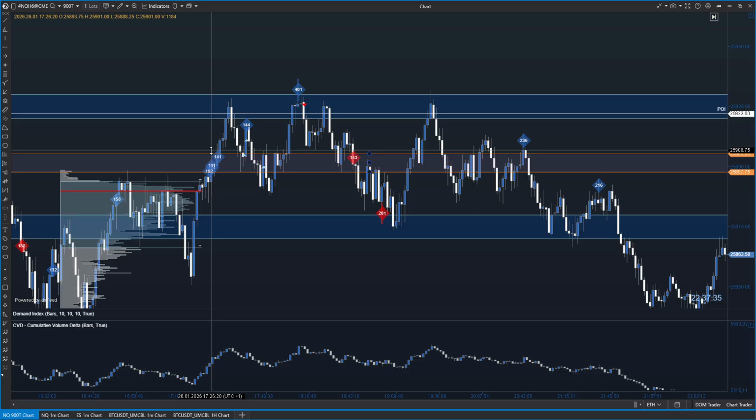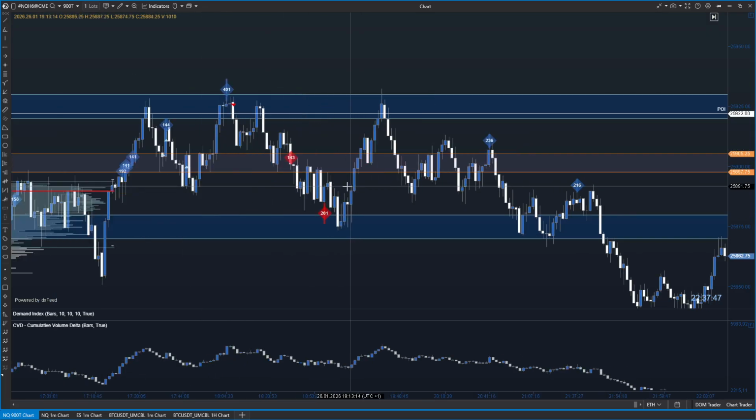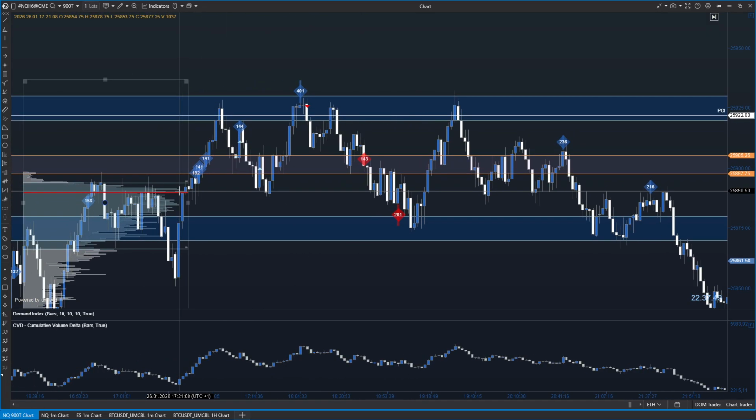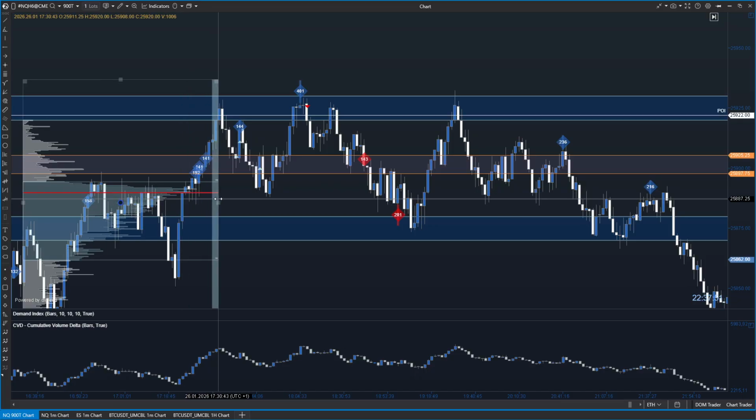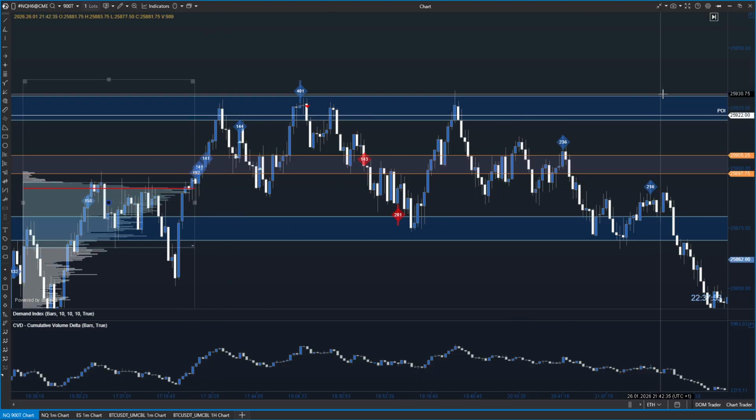But for position building, I'm using the pullback method to have more confidence to trade the scenario. So the market went up, and you can also see here the POI.